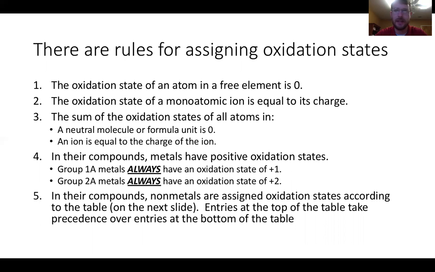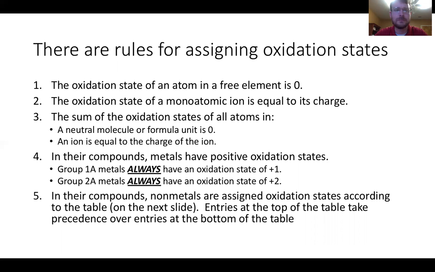So when we talk about NaCl, the total charge on that formula unit is 0. And so the oxidation states of sodium and chlorine have to add up to 0. Now, if it is an ion, so let's say SO4 2-, the total ion charge has to be -2.